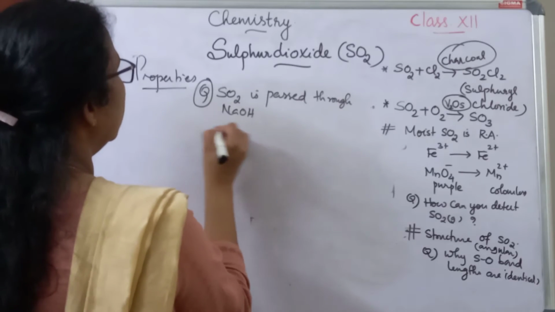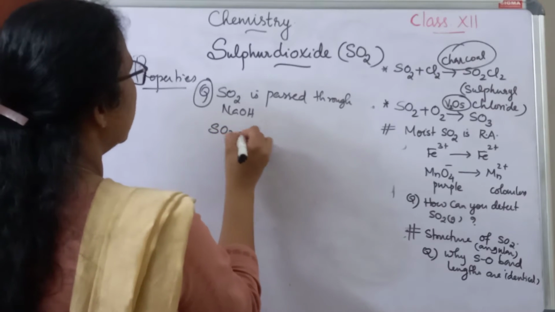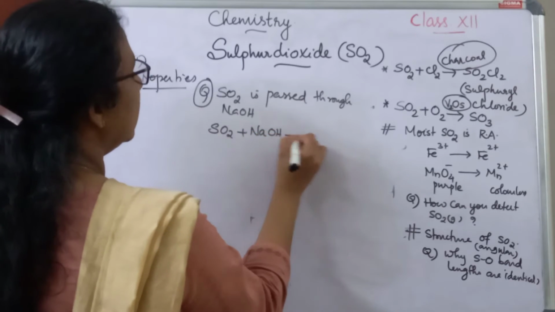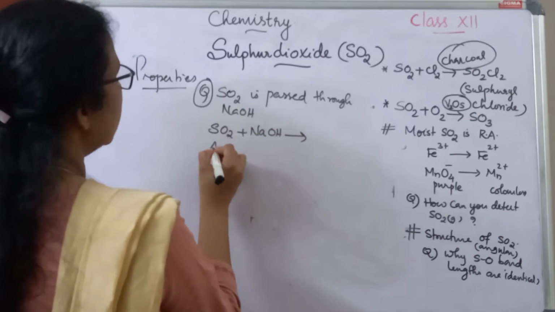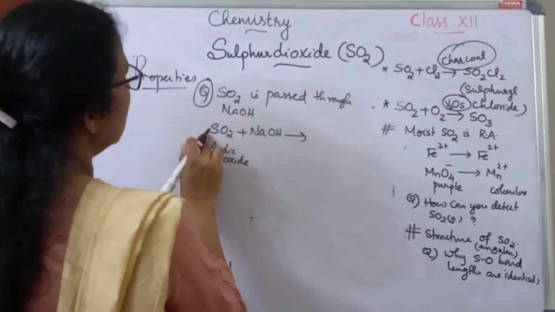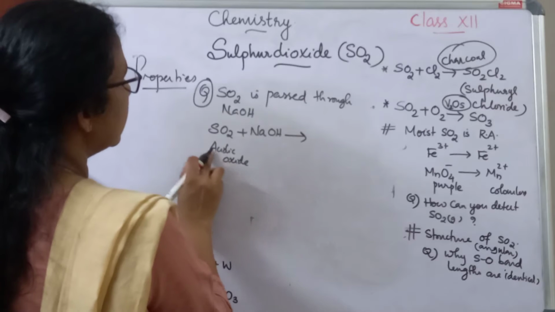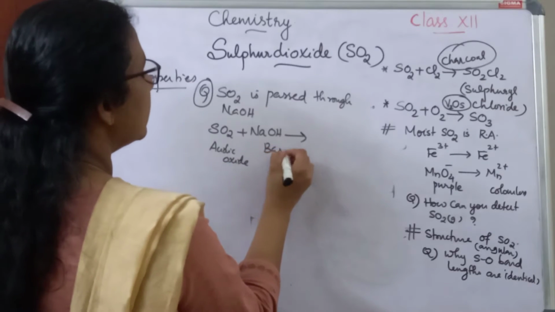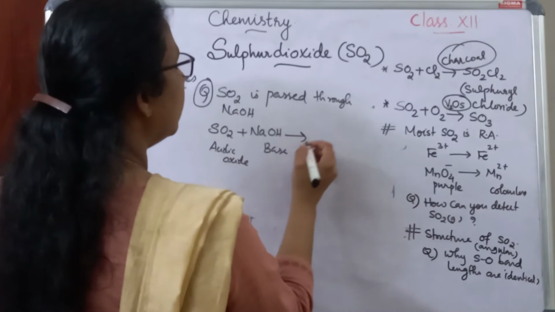Here we can write SO2 plus NaOH. SO2, you know, is an acidic oxide. Sulfur is a non-metal, so it's an acidic oxide. NaOH is a base. Here you can write the products very easily.